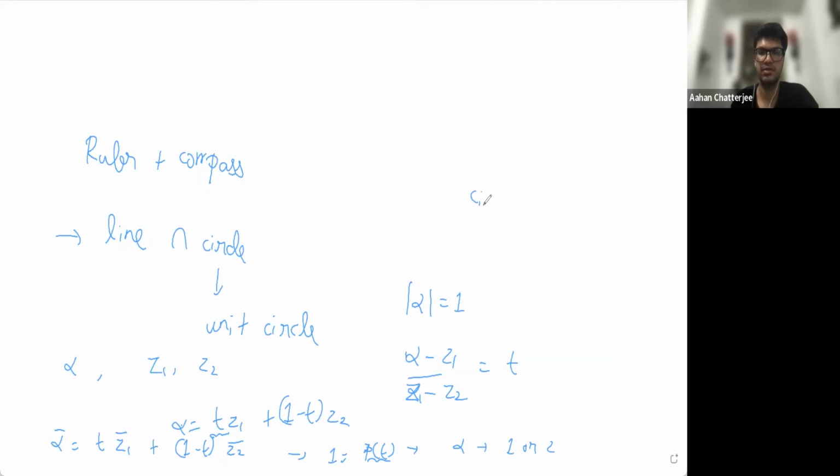And similarly, you can do the case of circle intersection circle. And for the angle bisector, again the same thing: you can translate one of the points to the origin, and you're bisecting the angle between Z1 and Z2, and alpha is here.